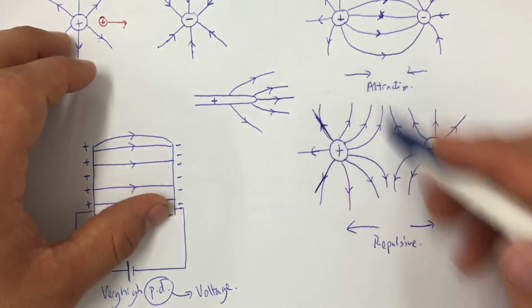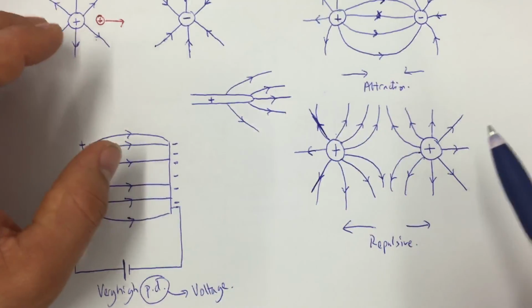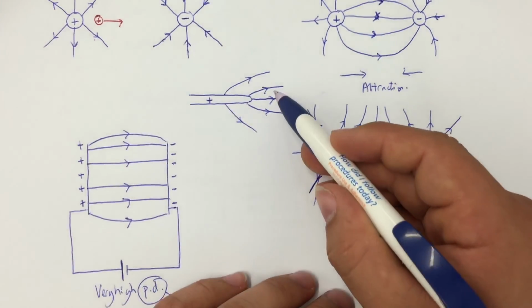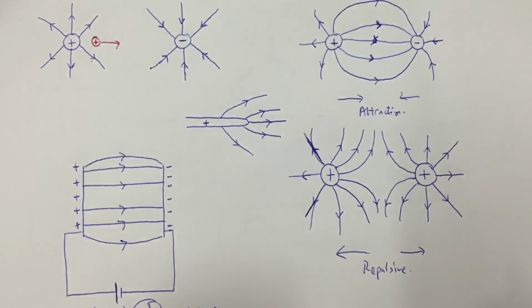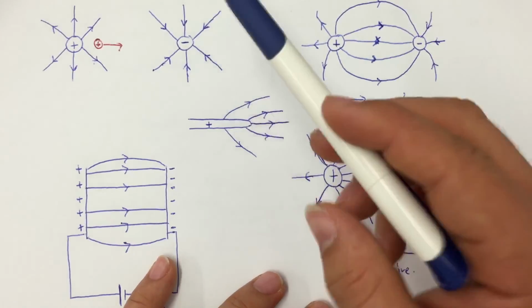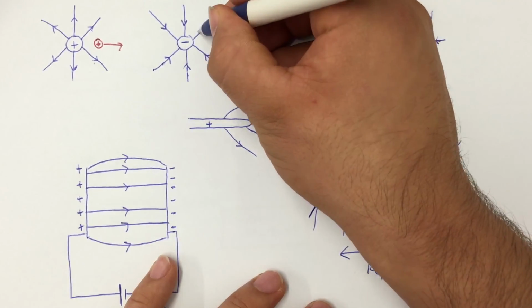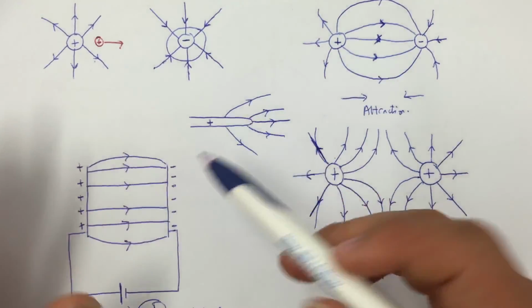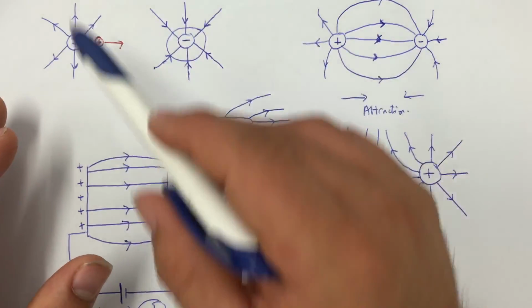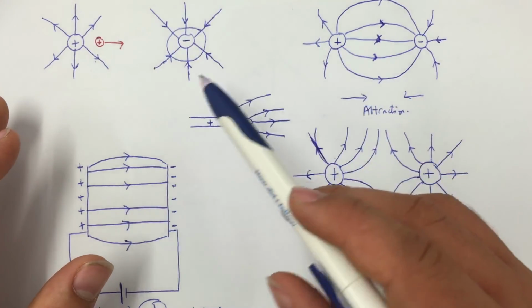And so there's an extra thing to think about for all of these. Where the lines are closest, that is where the electric field is strongest. So in this example, this is radial because they're the same distance all the way around, and that's uniform, so it doesn't matter. The electric field is effectively the same strength everywhere.